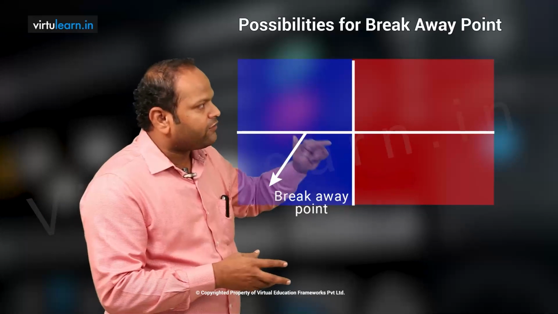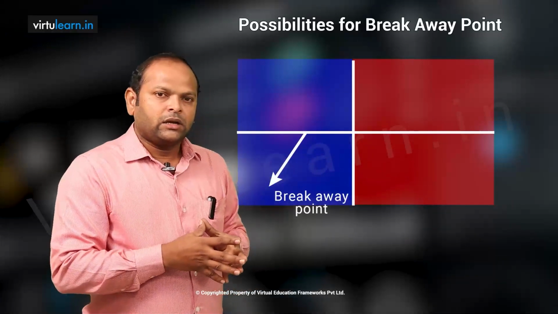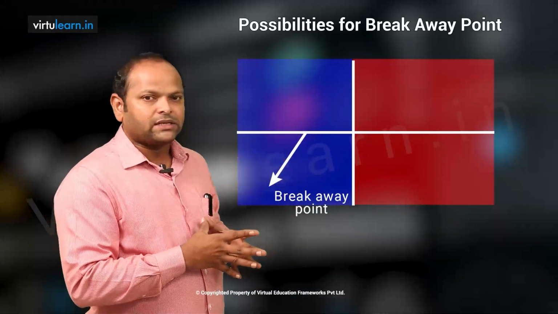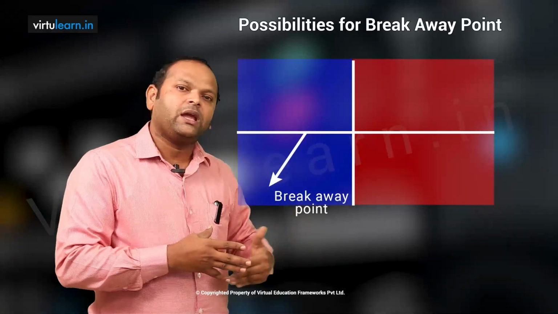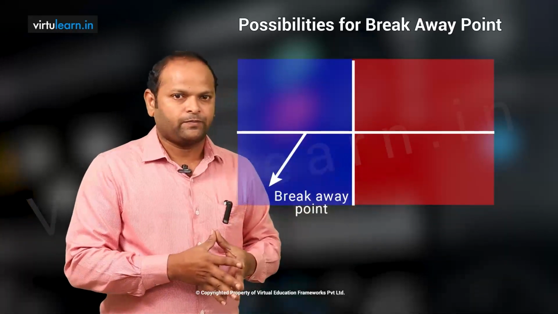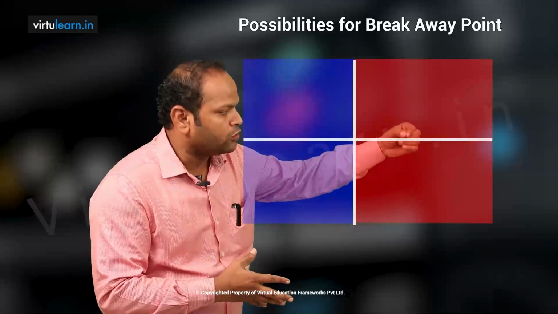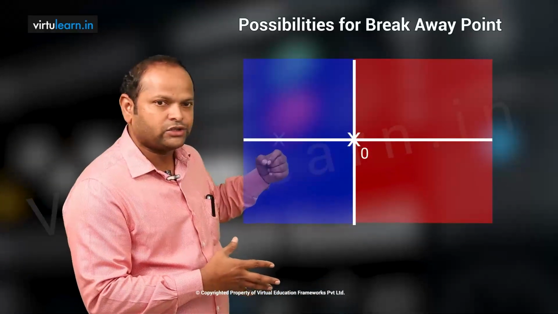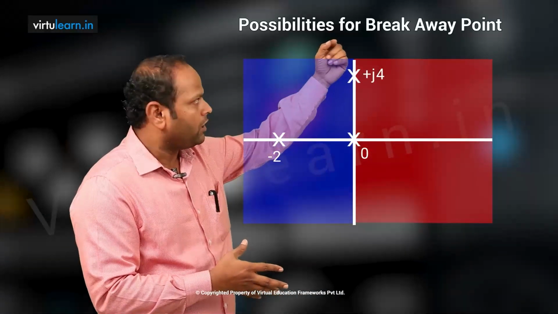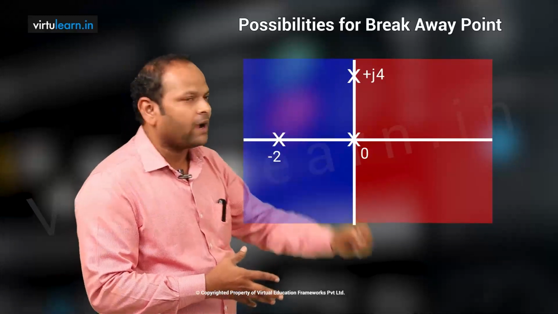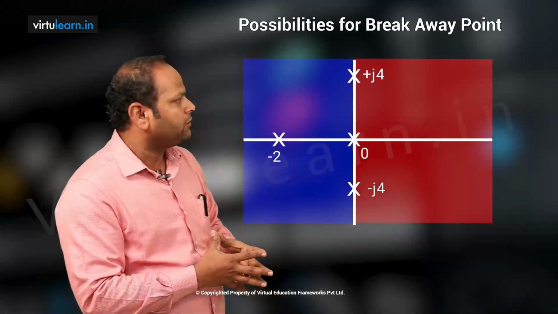These two cases are for the real axis, but in some cases there can be a break point in the complex plane. For example, I have four poles at the origin, here I have minus 2, and at minus 4 plus j4 and minus j4.